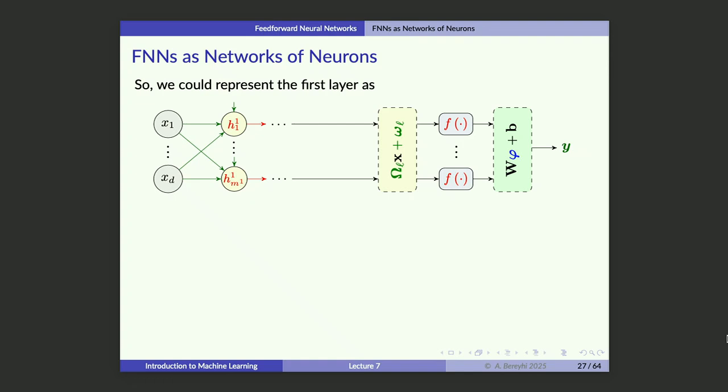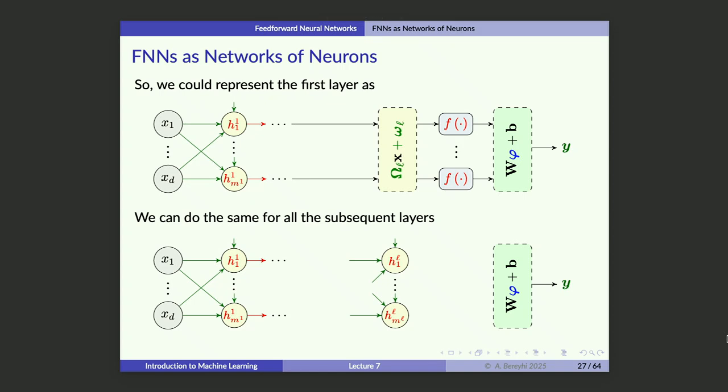So that linear transform followed by a nonlinear activation, I can simply look at as a bunch of neurons, every single one of them activated with the same function, right? Everybody's cool? And the weights and the biases of those neurons are written in that weight matrix omega and the bias. Correct? Great.